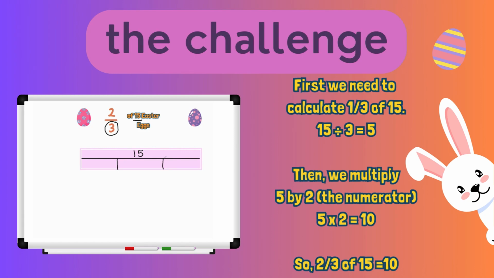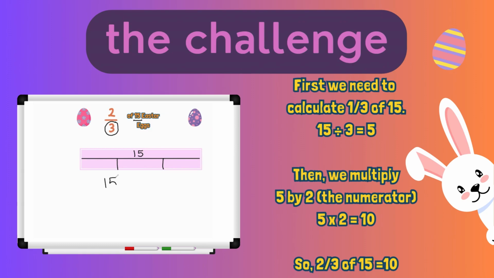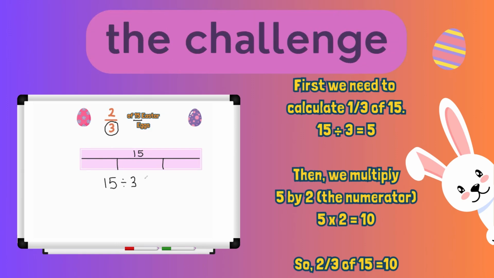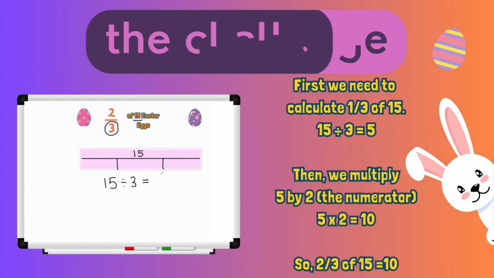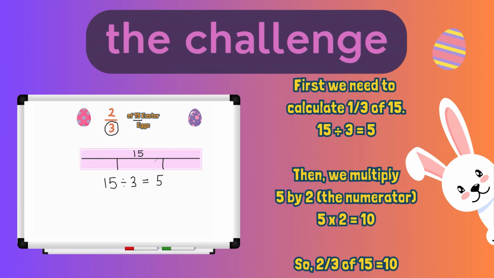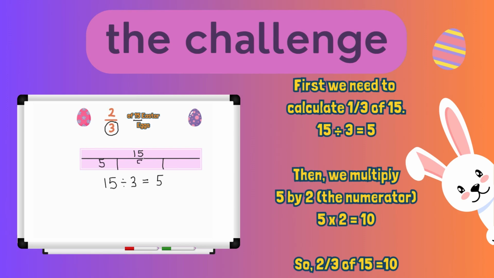There we go. So let's write that down as a sum. I've got 15 and I'm going to share it into 3 equal parts. And 15 divided by 3 is 5 because 5 times 3 is 15. So I can now add my 5 in here.